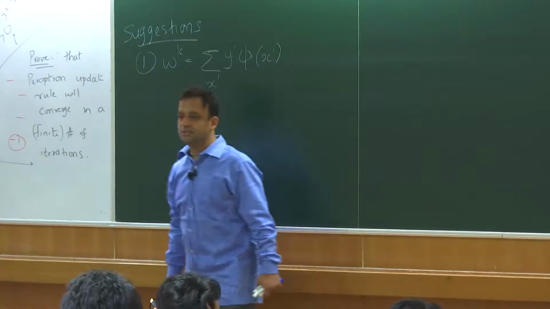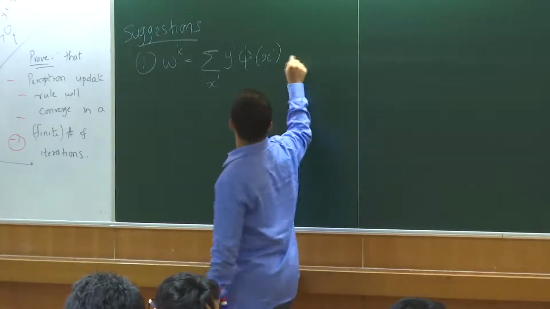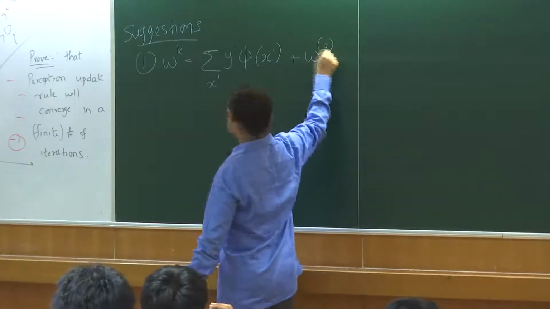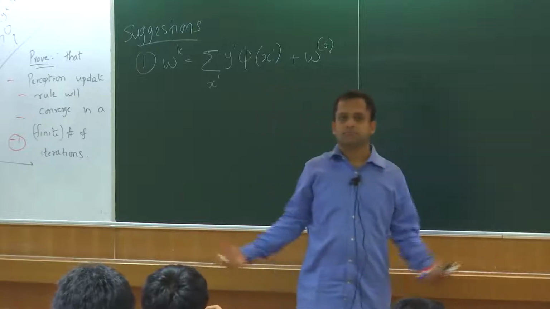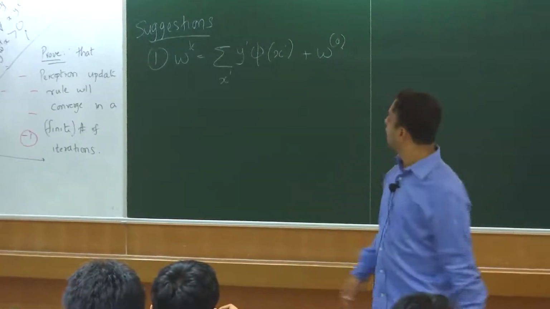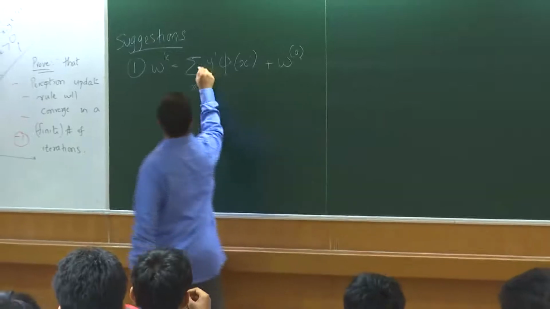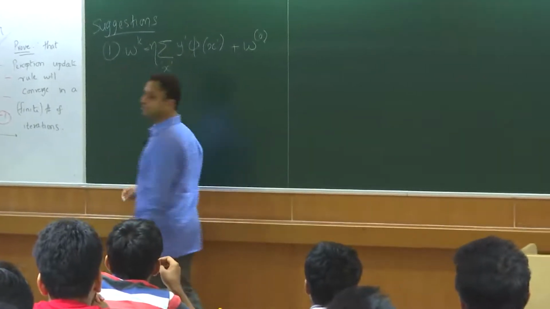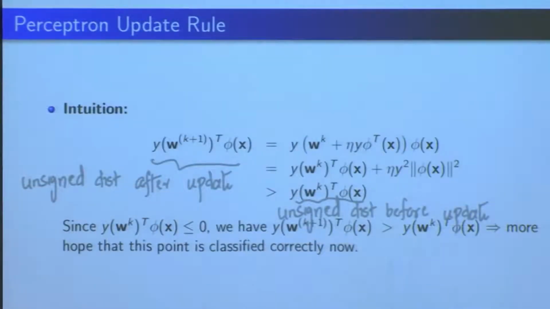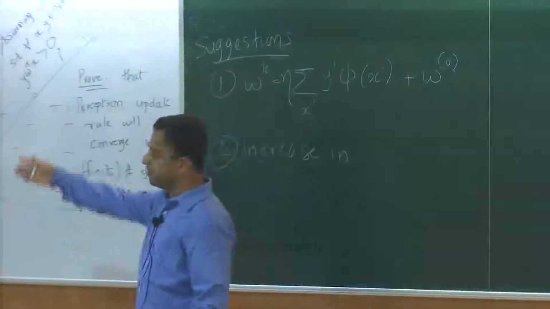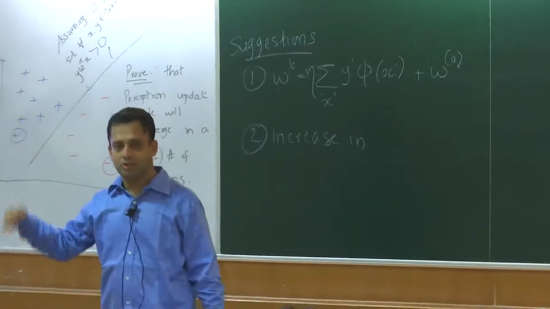And then what will you do with this? Let us say this plus some W0 initial weight. Pardon? There has to be a learning rate as well. So you're going back to the previous observation that the increase in the value of y w_{k+1} transpose phi x over the previous one, right?